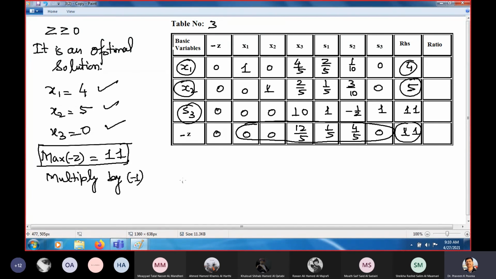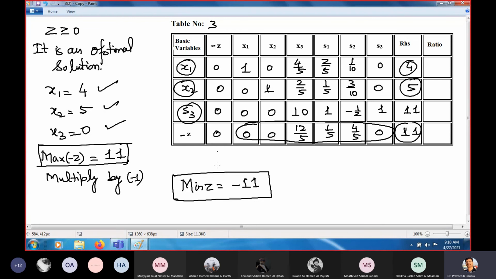So minimum Z is equal to maximum of minus Z. This value is 11, so you write it multiplying by minus 1, and it will be minus 11. This is the minimum value. This is how we are calculating. So minimum Z is minus 11.